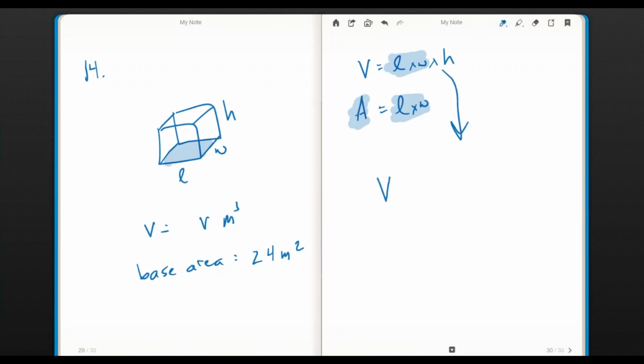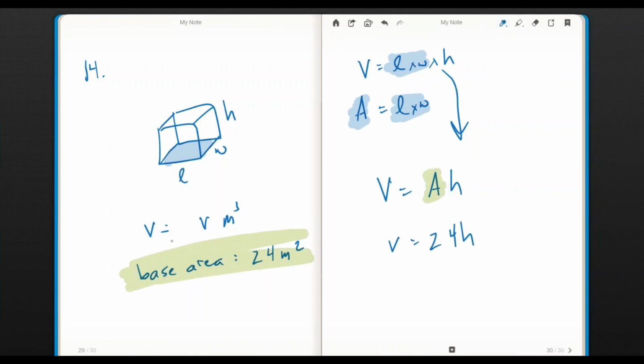So from this volume equation, instead of volume equals length times width times height, I can say that volume is the area of the base, of course, that's the only area I'm talking about, times the height. And then I know that the base area is 24. That is what this is. So the volume is 24H.